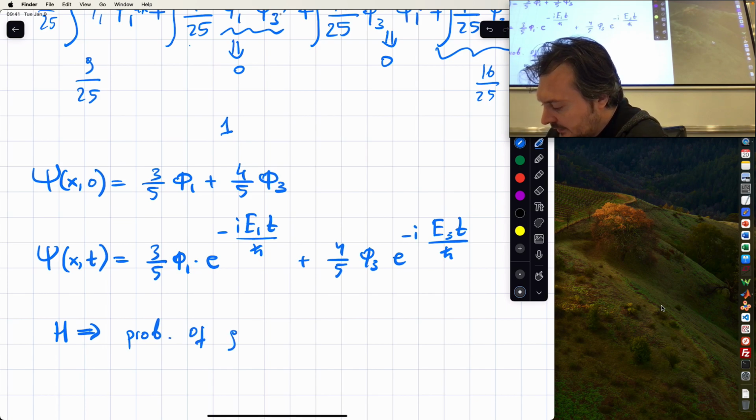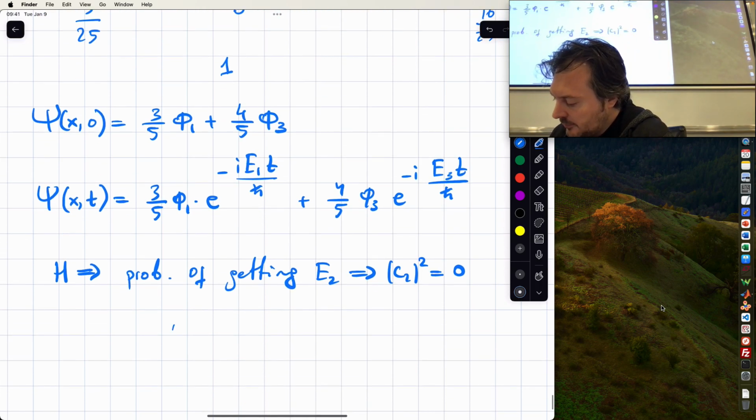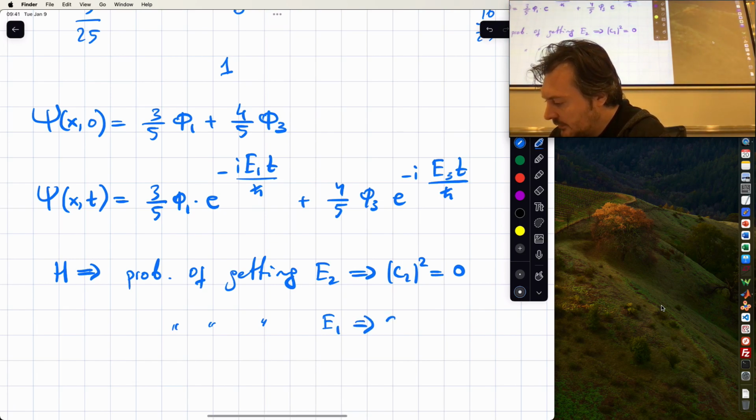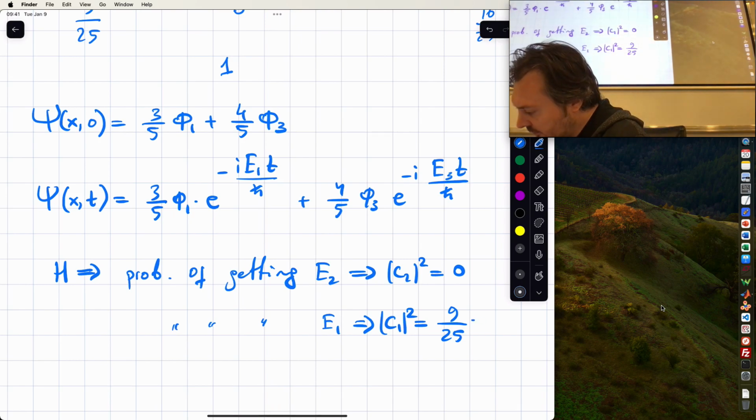Probability of measuring E2 is C2 squared, which is 0. Probability of getting E1 is C1 squared, which is 9 over 25, so 36%. Right?